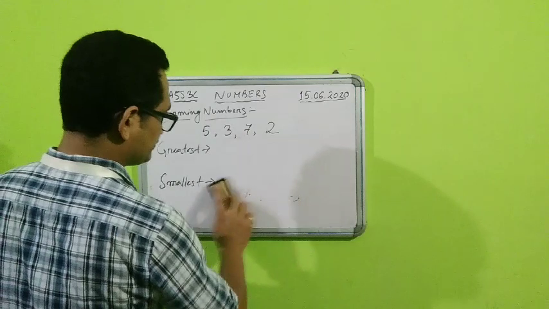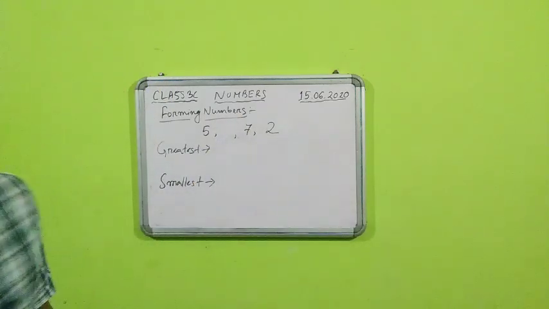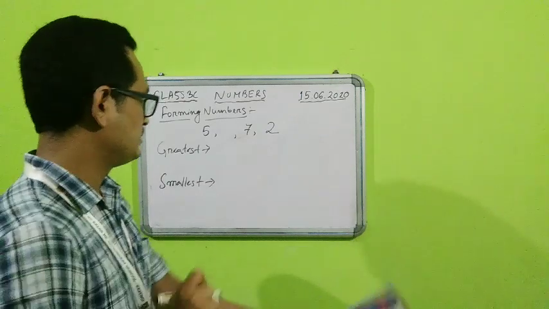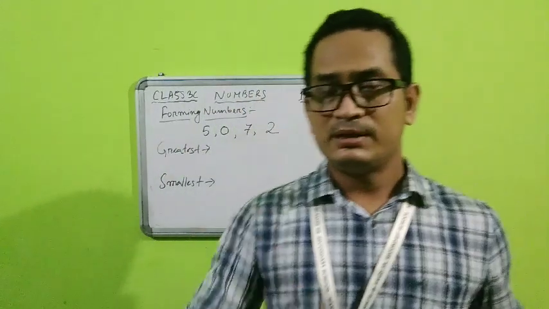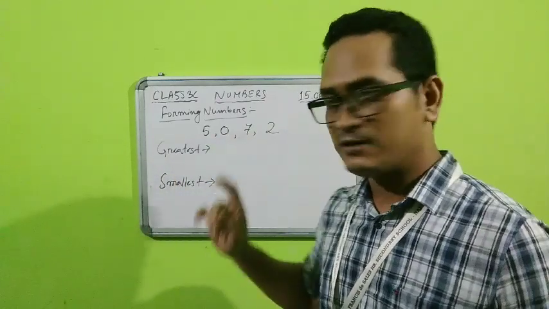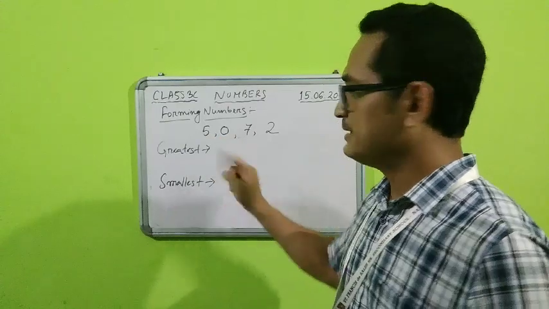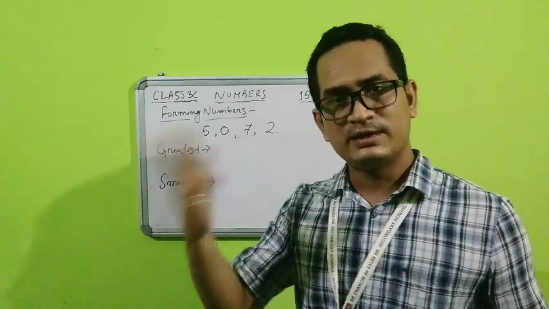Now suppose I have changed this 3 with 0. That means now I need to form the greatest and the smallest number using these 4 digits. But you can see now one of the digits is a 0 here. Fine. Now to make the greatest number, we need to do the same thing.